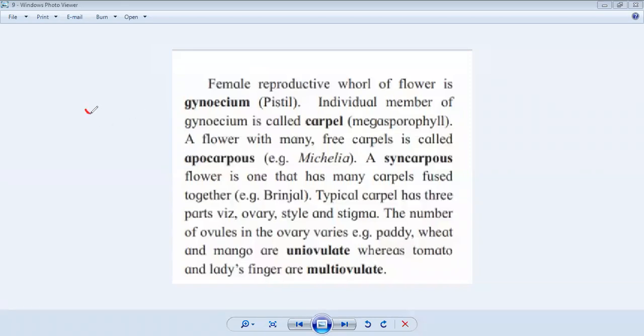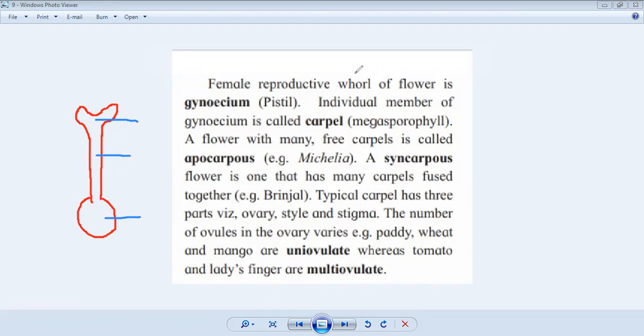So this carpel consists of the stigma, style, and the ovary. In this way, we can say that the stigma, style, and the ovary are there in the carpel. This is the stigma, this one is the style, and this is the part of ovary.